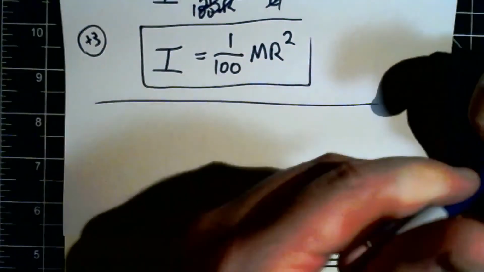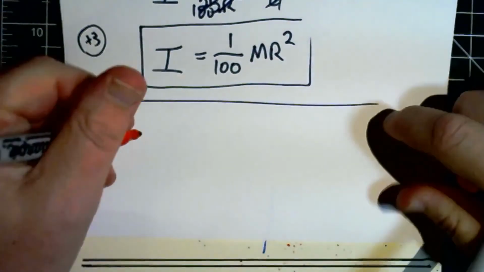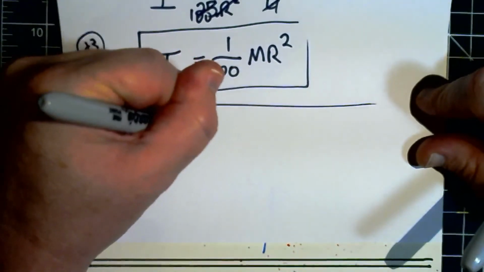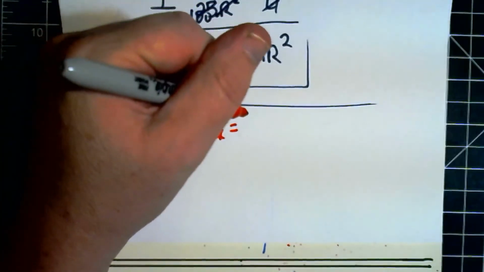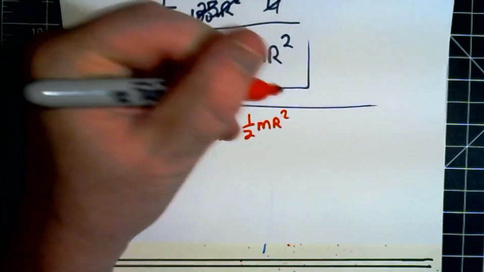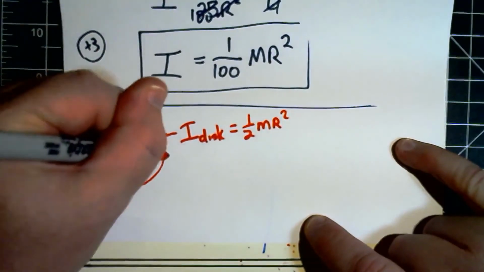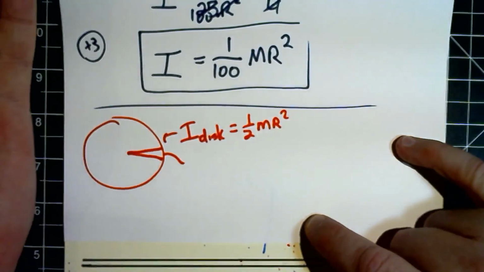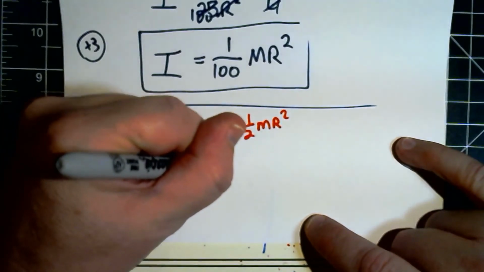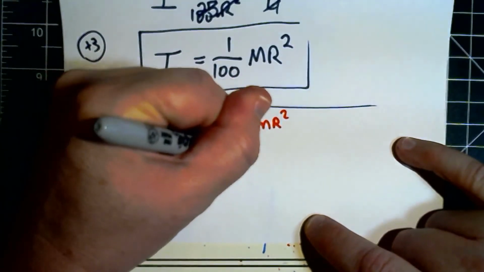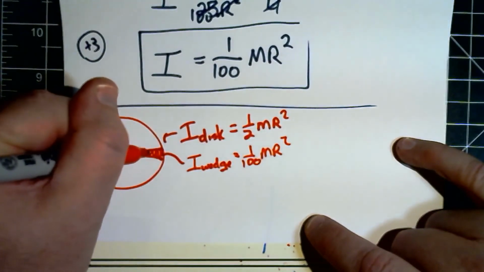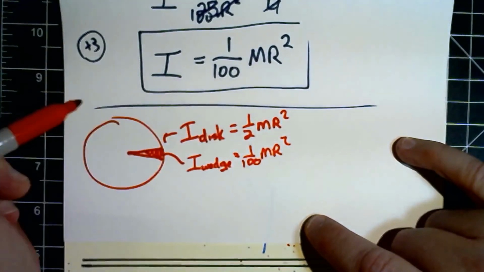So here, this is pretty easy, because if I have a disk that was originally solid and it had rotational inertia which was 1/2 m r squared, that was stated in the problem, and I cut out a little sliver out of it that removed some mass, which was I wedge, we'll call it I wedge, is 1/100th m r squared, then that means for this shape that doesn't have the wedge in it, the rotational inertia is just going to be the difference between these two.